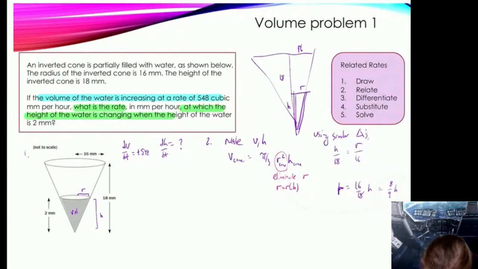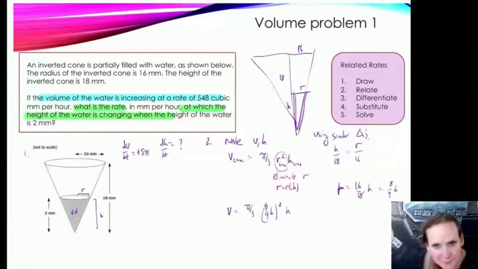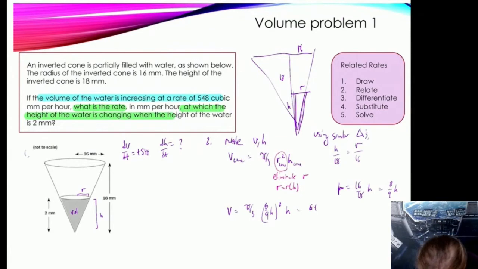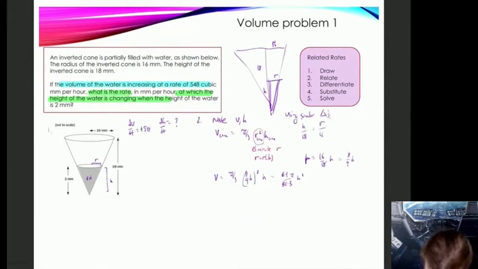So I'll have that the volume of the water that I'm interested in is pi over 3 times 8/9 of H squared times H. And that's equal to 64 pi over 81 times 3 H cubed. So that was step 2.